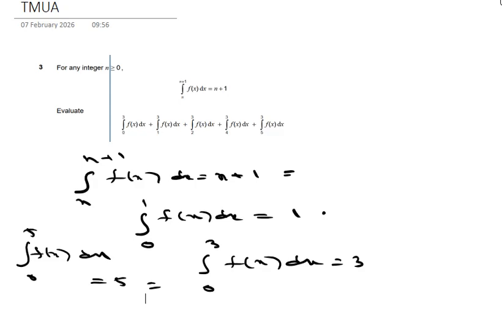We express everything in terms of unit intervals. The first term is the integral from 0 to 3 of f(x) dx, that is 0 to 1 plus 1 to 2 plus 2 to 3, that is 1 plus 2 plus 3, that is 6.